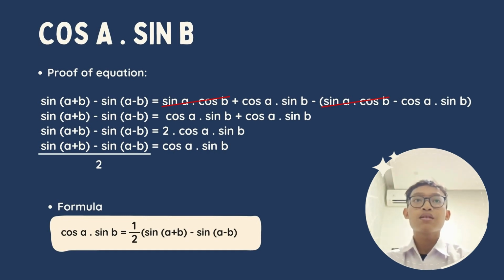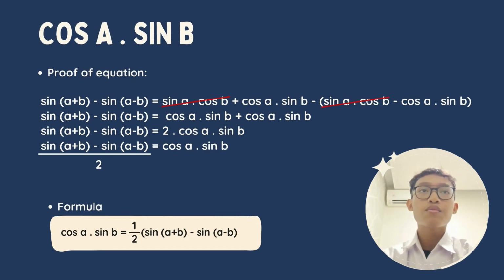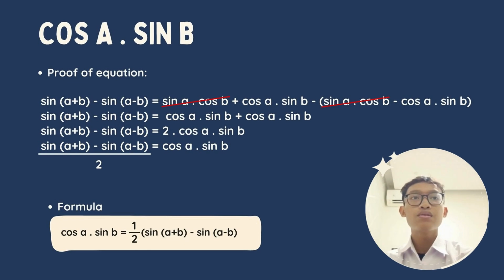Then we sum cos A times sin B plus cos A times sin B to 2 times cos A times sin B. After that, the 2 from cos A times sin B, we move it to sin(A+B) minus sin(A−B).